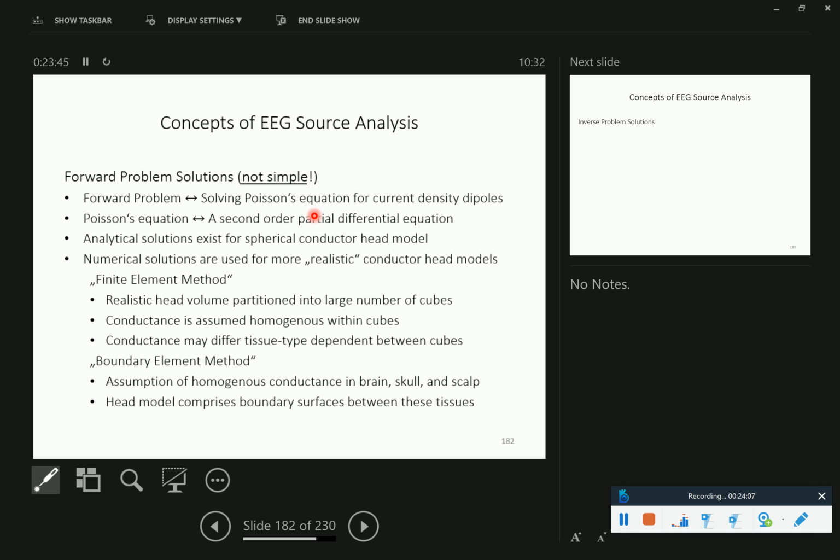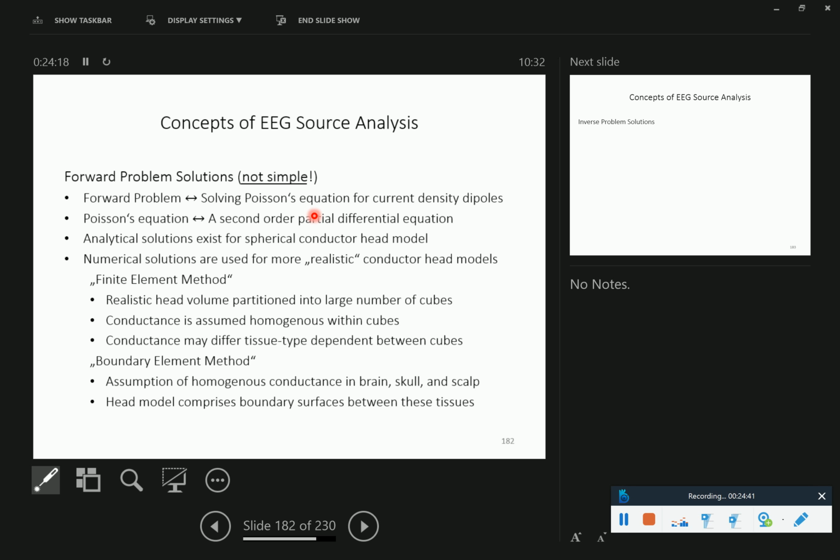The finite element method partitions the head volume into a large number of cubes, and then assumes that these cubes are homogeneous, and computes essentially the potentials over these cubes, and can then of course build in different tissue types, with different conductance properties based on these cubes.